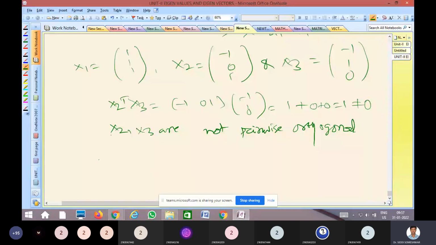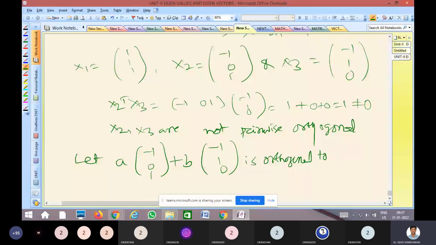Here we take A into minus 1 0 1 plus some B into minus 1 1 0, which is orthogonal to minus 1 0 1. So this is orthogonal to one of the vectors itself.